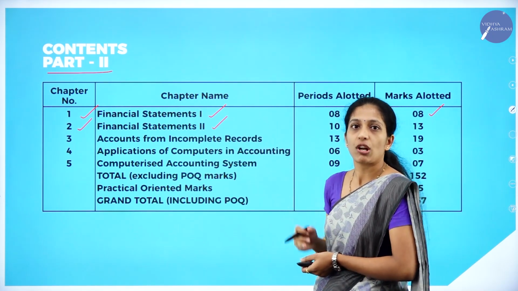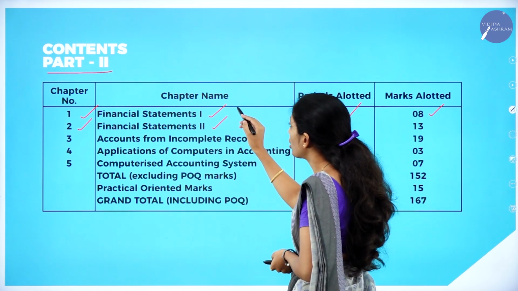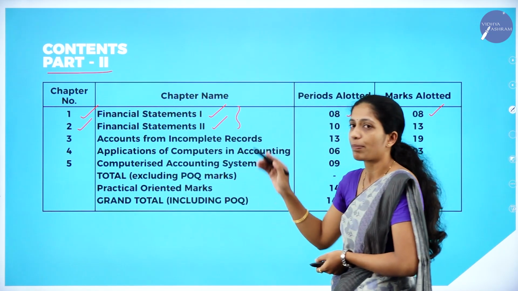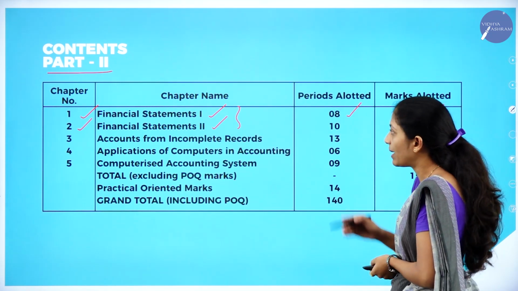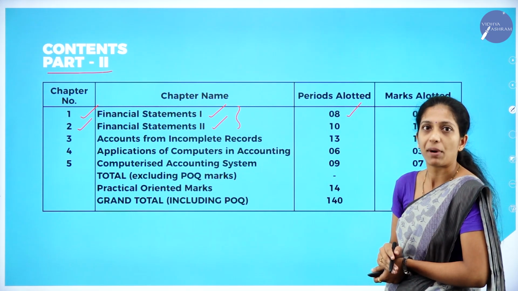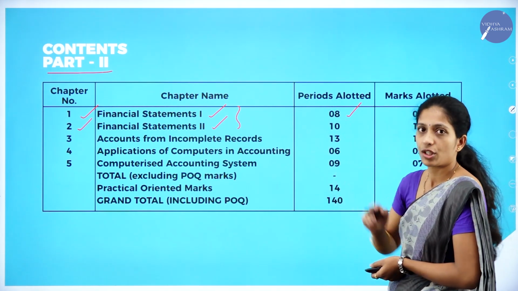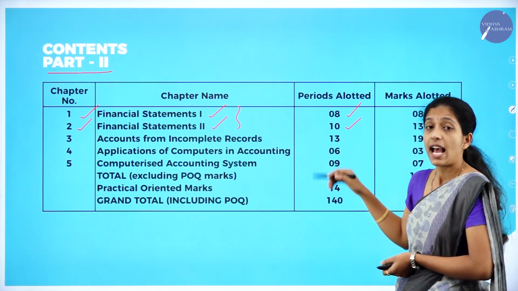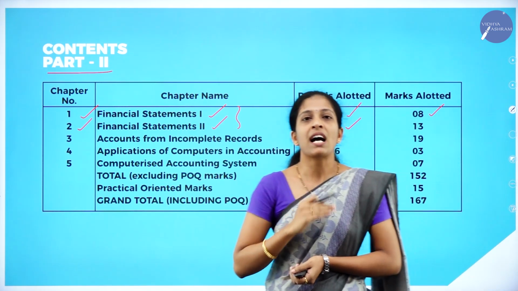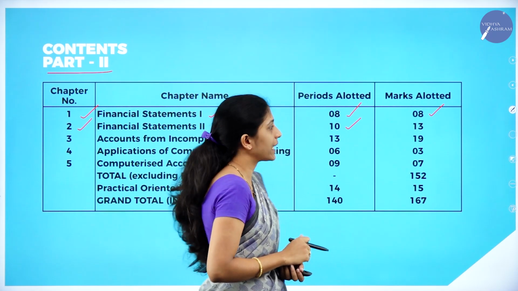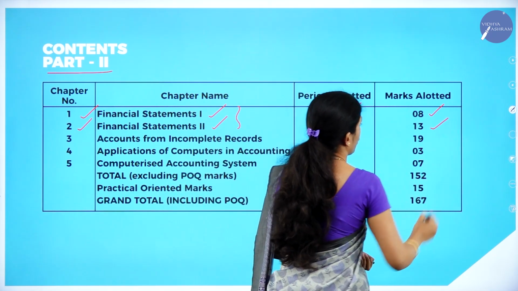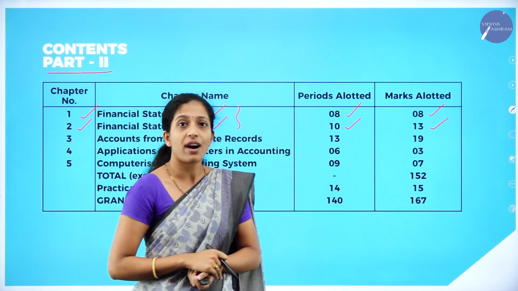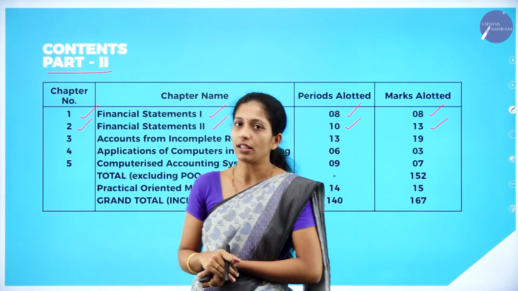It is a continuation of financial statement 1, your second chapter under part B, that is part 2. The period required is 10 hours, and the marks allotted from this financial statement 2 is 13 marks. So you can expect 13 marks from financial statement 2.